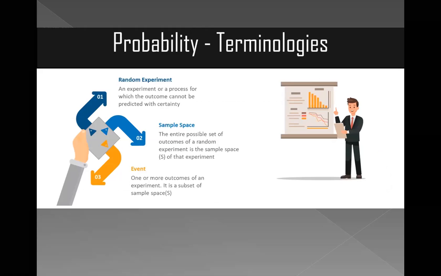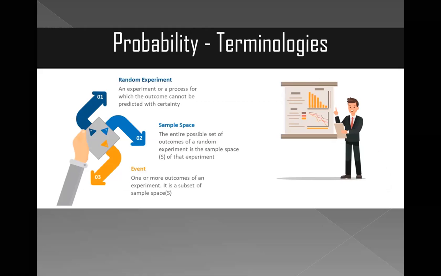The probability terminologies are random experiment, sample space, and events. A random experiment is an experiment or process for which the outcome cannot be predicted with certainty. Because it is random, we can't predict anything.